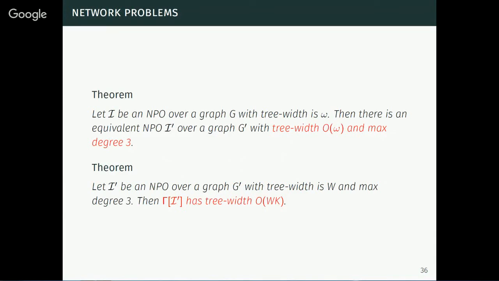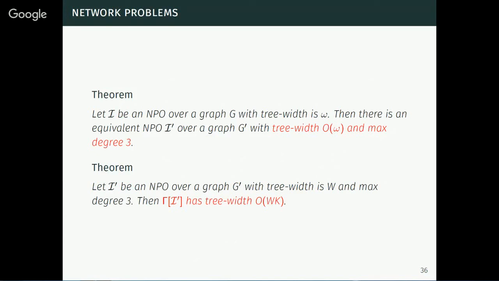And then the next step is that once you have a problem with some tree width and additionally has maximum degree 3, then the problem itself, when you take the intersection graph, and all this I've talked about before, will have small tree width as well, also linear in this omega, and now times k, which is the number of variables. So if you compose these 2 things, you get the result that we had before.